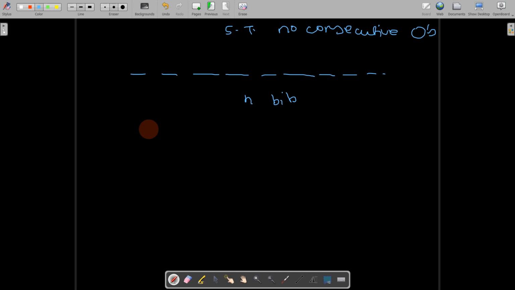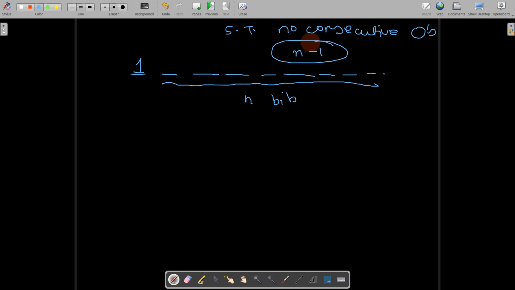Suppose your string starts with 1. Then for the remaining n minus 1 bits, if you know how many ways you can create n minus 1 bit strings which have no consecutive zeros, just append 1, and that will be a solution to the n bit string.